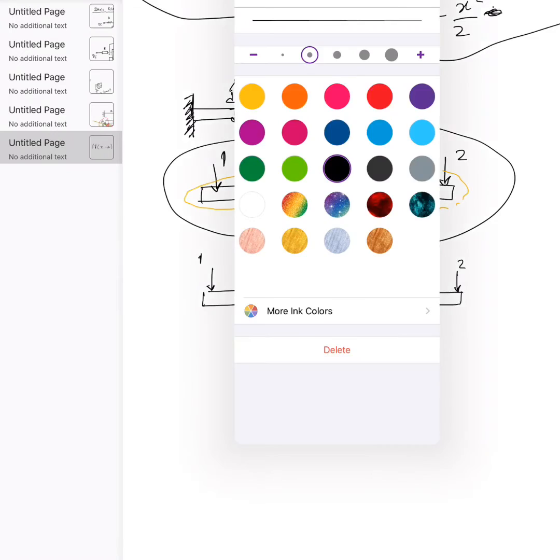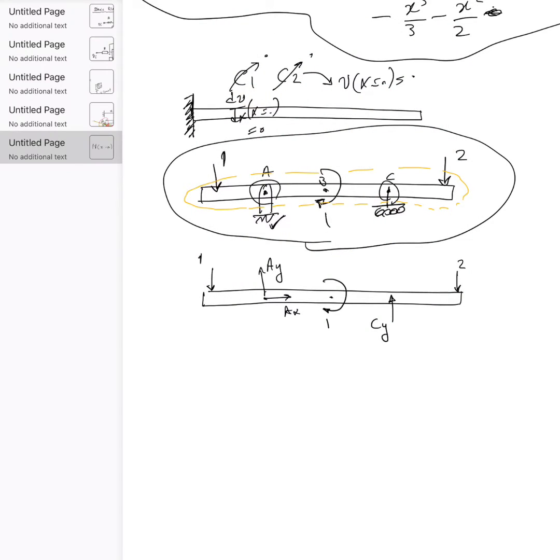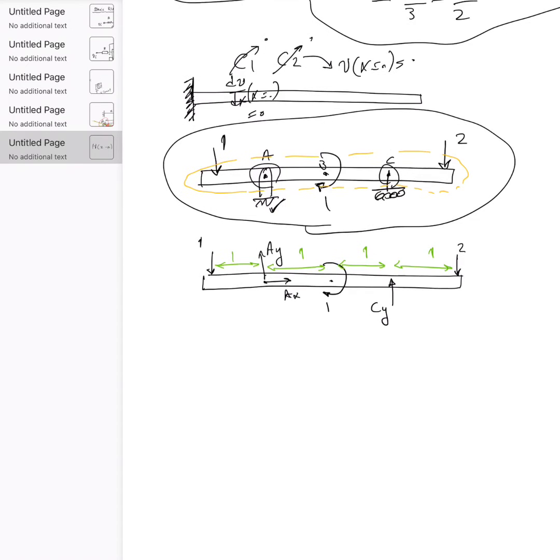And also let's put some lengths here, simplifying: 1, 1, 1, 1. These are all the lengths that we need to find our unknowns here.